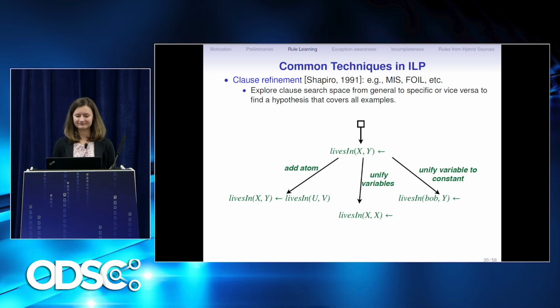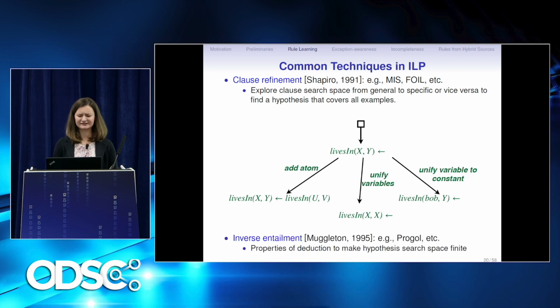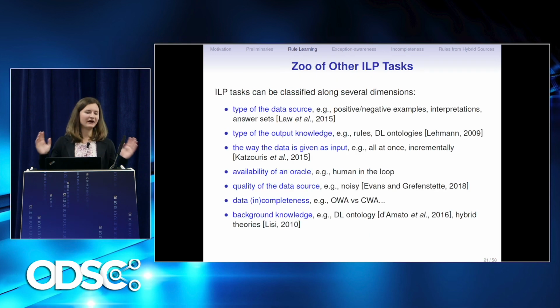Right. So this is a bit theoretical, maybe, to some extent. There were also some concepts of inverse entailment proposed early on. And there's a whole bunch of other specific tasks within this area. I'll just briefly mention them so that you're aware of these things. For instance, you could have tasks that vary with respect to the data from which you are learning, as discussed before, either from examples or from interpretations.